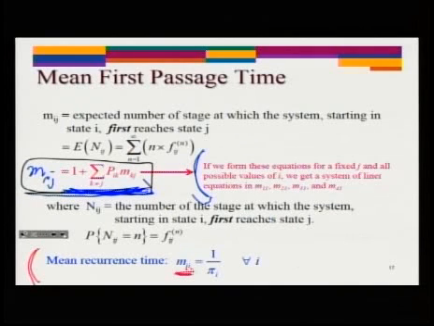That's why it is called mean recurrence time. In other words, that is the expected number of steps between visits to the same state i. That is going to be the reciprocal of the steady state probability of state i. This is very useful if you remember this.